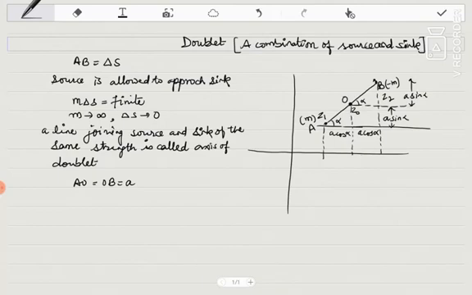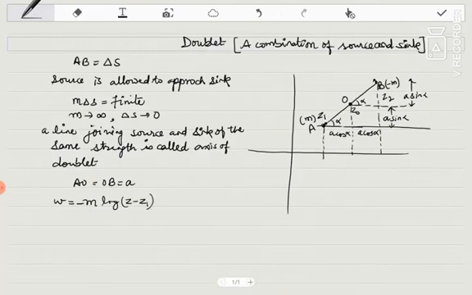Now we come to our source. In this situation, our source is situated at Z1. So how will I write? W is equal to minus M log (Z minus Z1), where M is the strength.